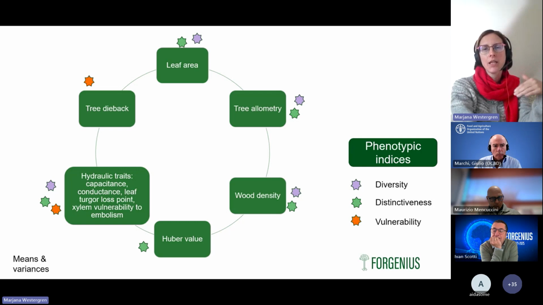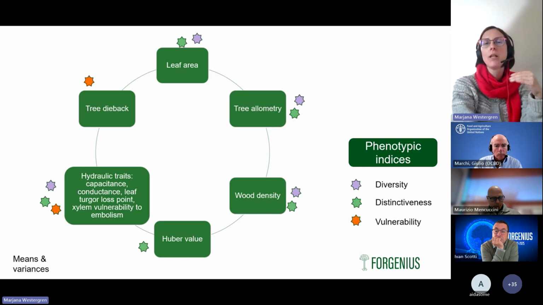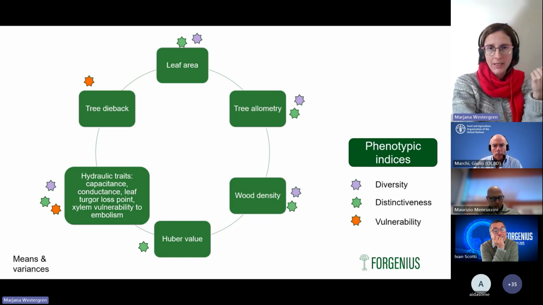All the indicators for these traits were measured in the field, always on 10 trees. And there is a separate indicator for the mean and a separate indicator for the variances, because the means will usually tell us something about distinctiveness, while the variances will tell us about diversity.